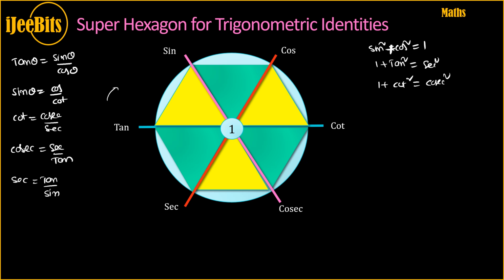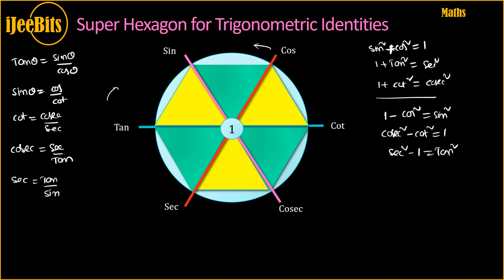Okay, so similarly what we have also seen is, in this direction, anti-clockwise, 1 minus cos square equal to sine square, and cosecant square minus cot square equal to 1. Similarly, secant square minus 1 equal to tan square.